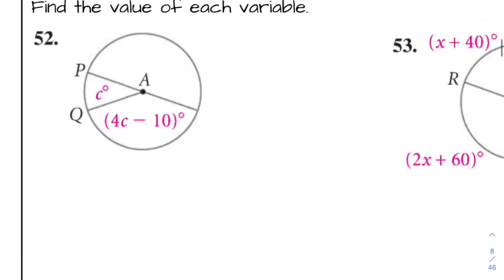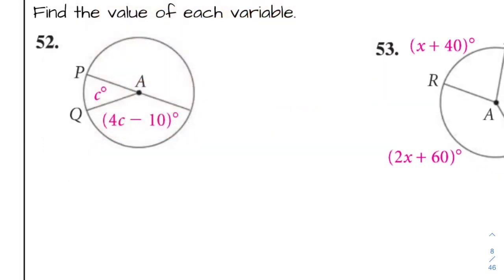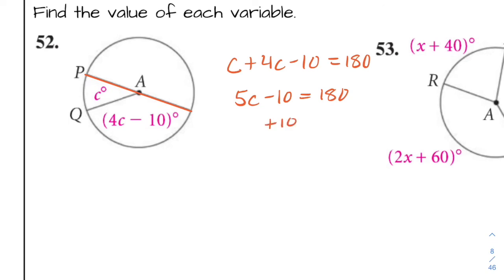So in this case, when given a variable, what we notice here is that we have a diameter. So seeing as a diameter is 180 degrees, I would say C plus 4C minus 10 equals 180. So now you get 5C minus 10 equals 180. Let's add 10 to both sides.